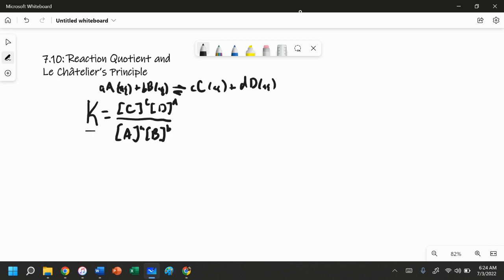So the reaction will proceed to the right, producing products, and the products will proceed to the left, producing reactants, until the ratio of the concentrations of these equal the experimentally determined equilibrium constant.